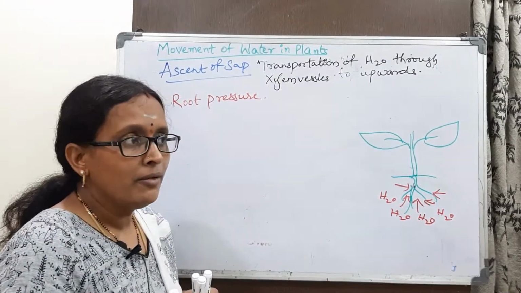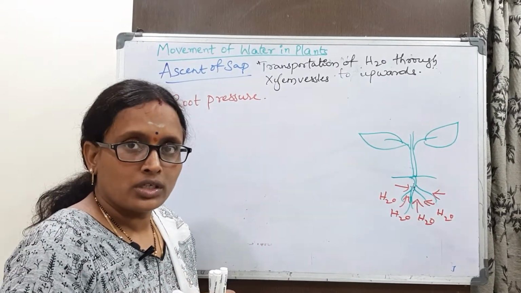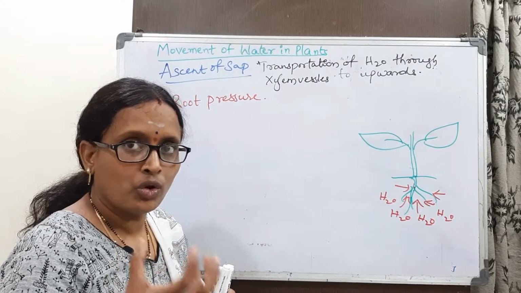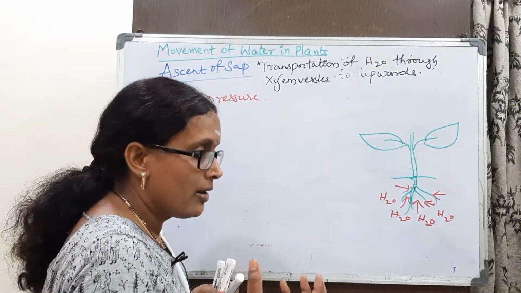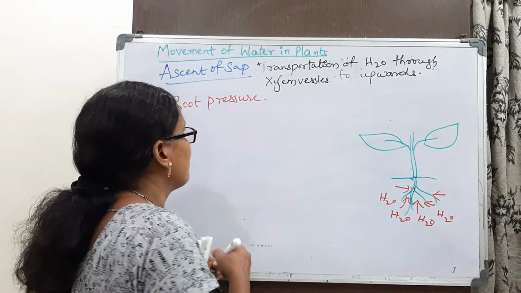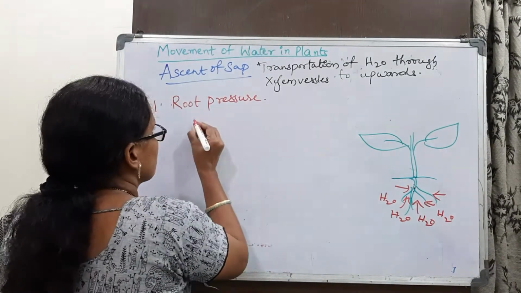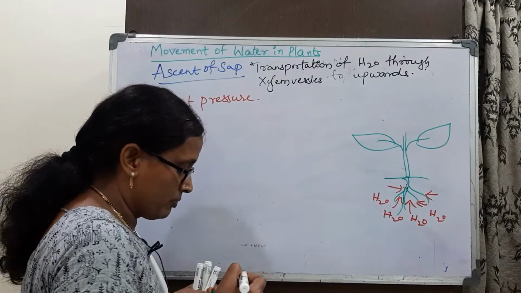So the water absorbed by the roots creates a positive pressure. Water absorbed that creates the positive pressure is called root pressure.